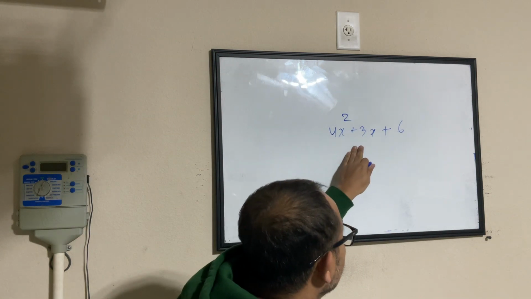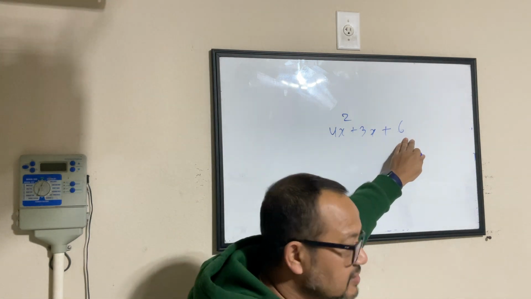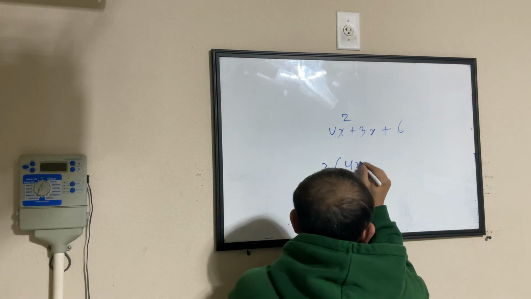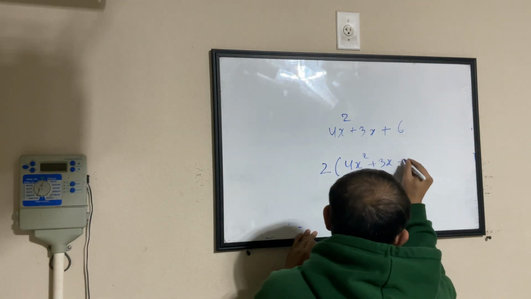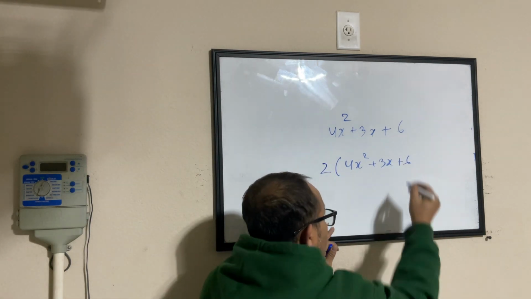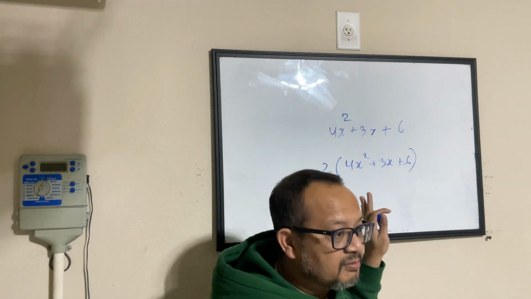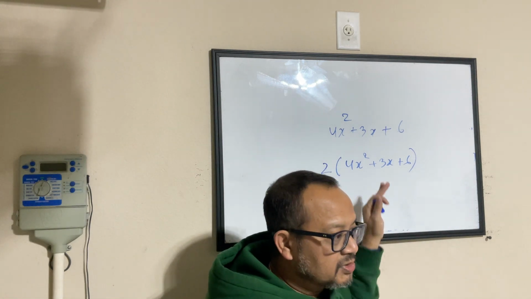If I have 4x square plus 3x plus 6 as an expression, this is equivalent to 2 into 4x square plus 3x plus 6. Meaning, multiplying this expression with another number or dividing that with another number doesn't do any harm with respect to how you are going to deal with it.